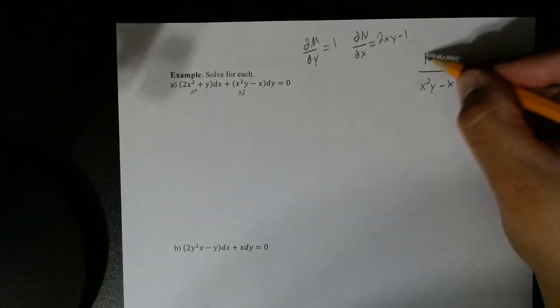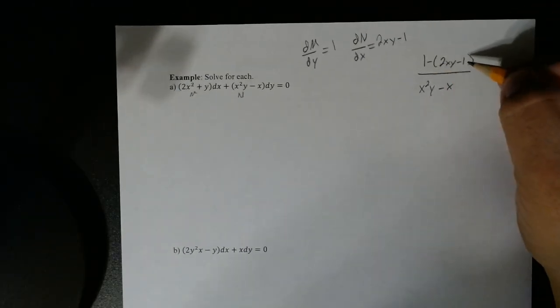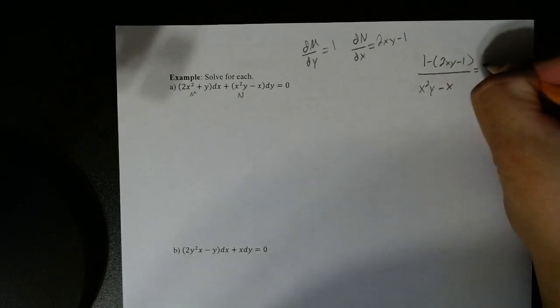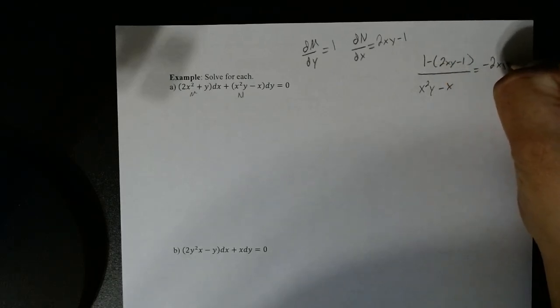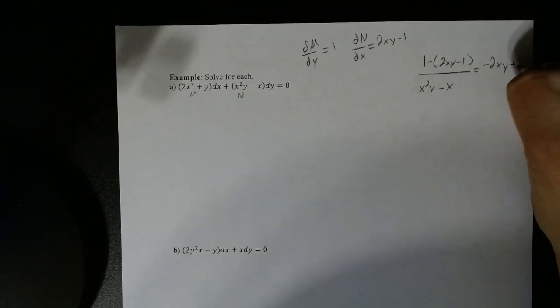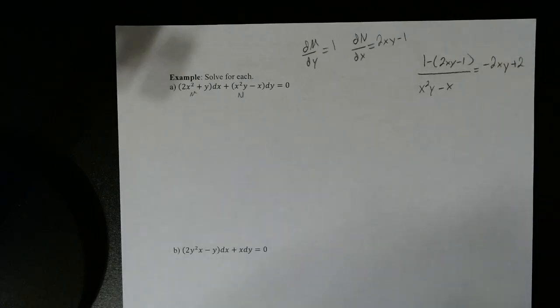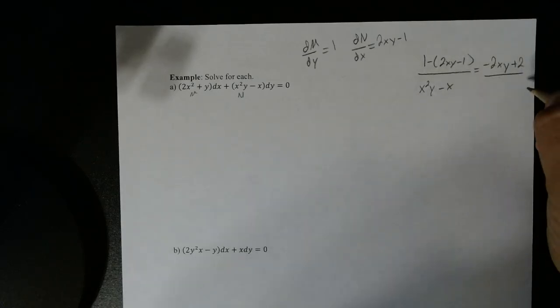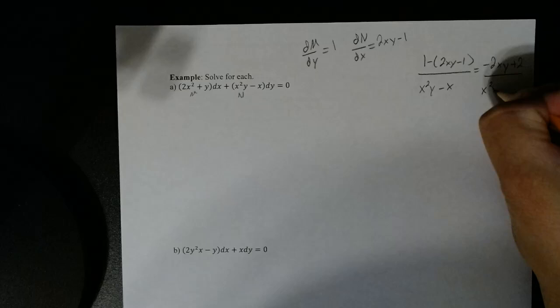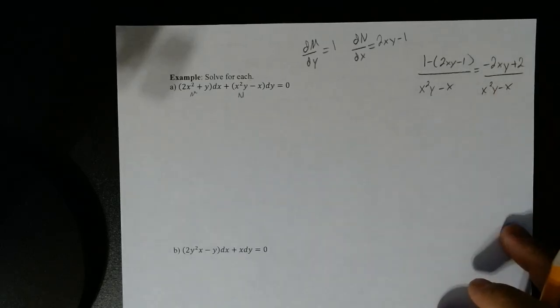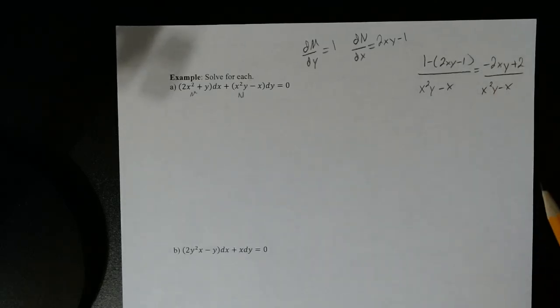All right, so let's see what happens here. We just get negative 2xy plus 2 all over this. We've got to be a little bit deceptive here. I could factor some stuff out.